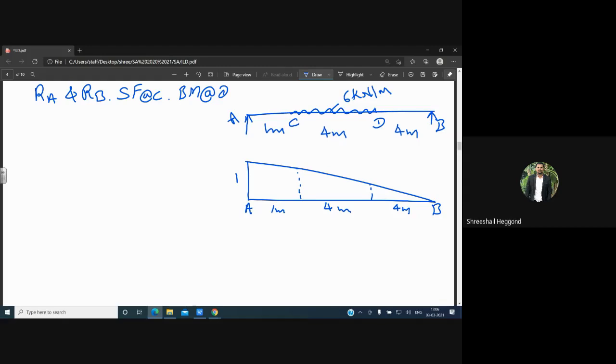Our UDL is given for a 6 meter span. First, find out ordinates, then we'll see how to calculate reactions. For RA, 1 unit will be the maximum value, and the remaining ordinates can be given as y1 and y2.